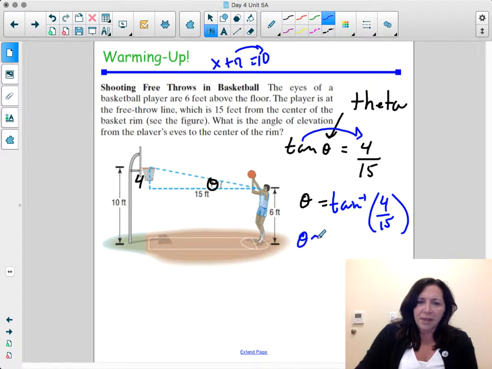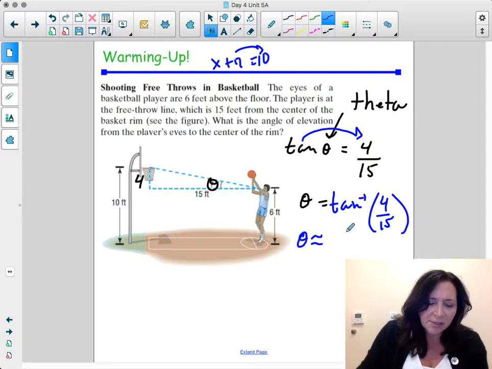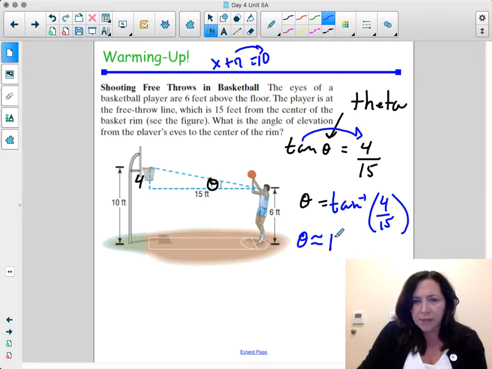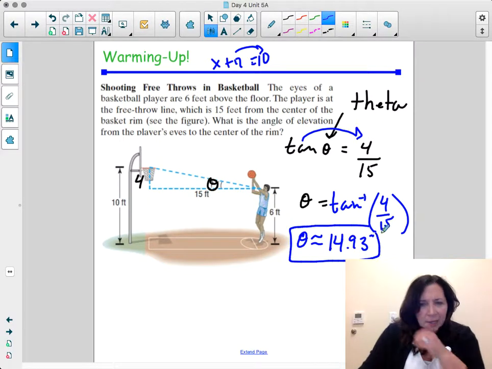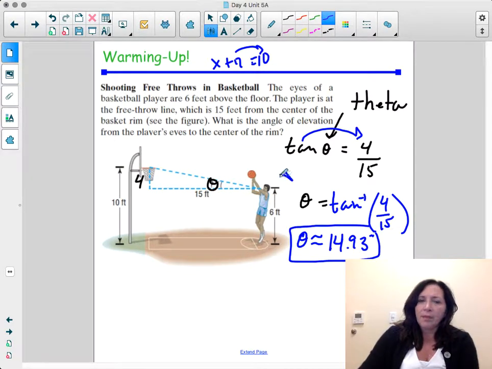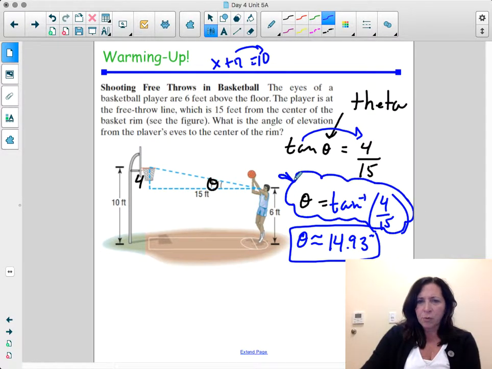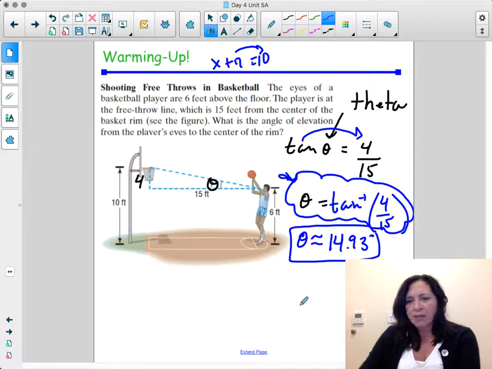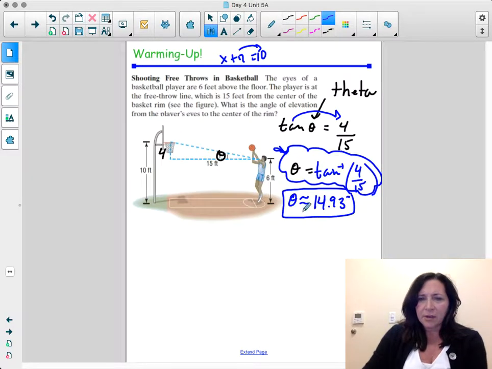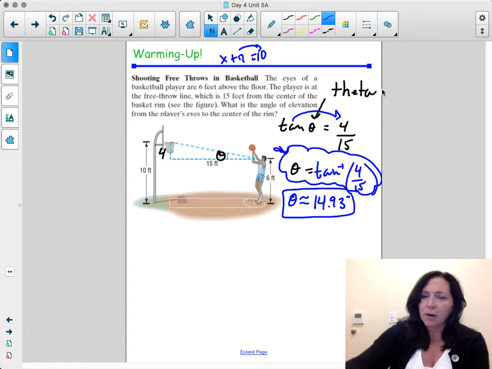So theta, the angle of elevation, is 14.93 degrees. Okay, now if you didn't have a calculator, this would actually be your answer. You would just use this right here as your answer if you weren't allowed a calculator. But if you do have access to a calculator, you would just simply make sure your calculator is in degree mode and then arc tangent.